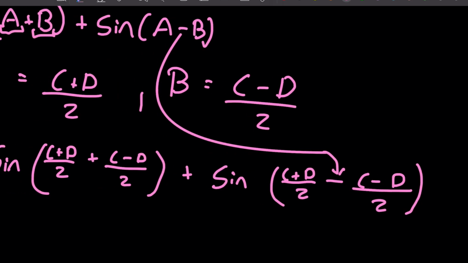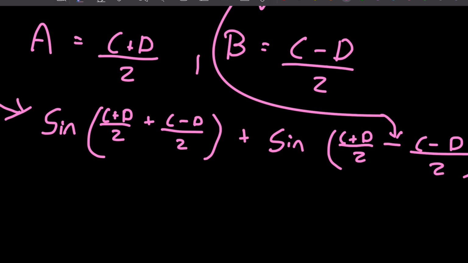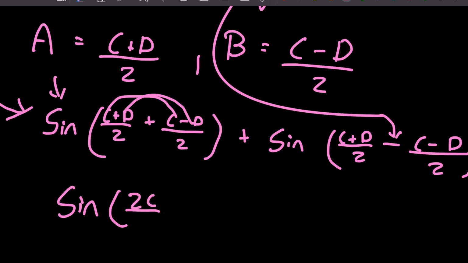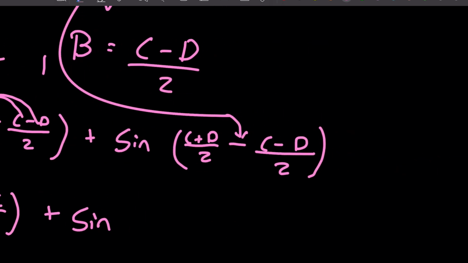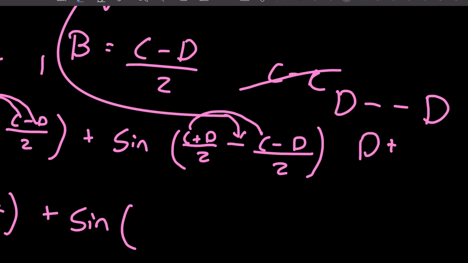Okay, so now all we have to do is work this out. If we work this one out, we'll have sine of, C plus C is 2C, and D minus D is nothing, so you'll have 2C over 2, plus sine of, C minus C cancels out, and you have D plus D, which is equal to 2D.